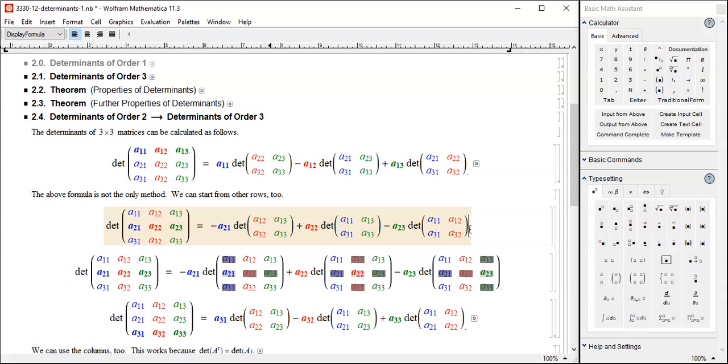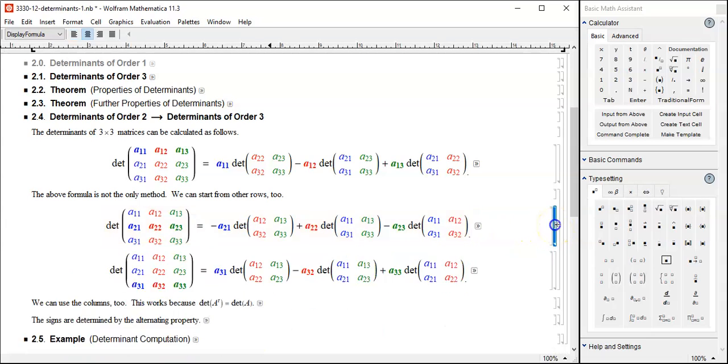That covers 99%. What's the remaining 1%? Signs, pluses and minuses. Instead of plus, minus, plus, this time we have minus, plus, minus. Why? Because we start from plus here, and each time I move, I have a sign change.